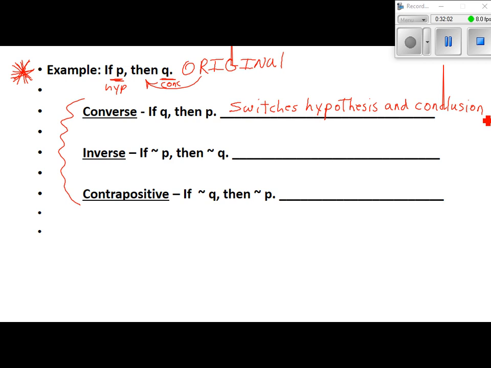It just put in the opposite of whatever the hypothesis was, the opposite of whatever the conclusion was. So the way we say that in math, it negates the hypothesis and the conclusion.